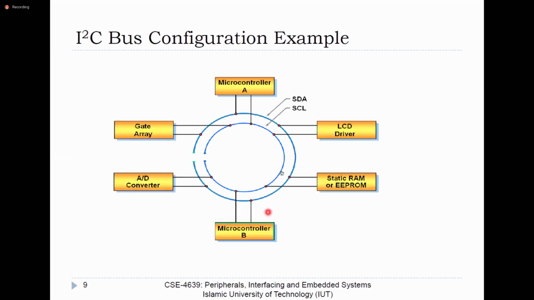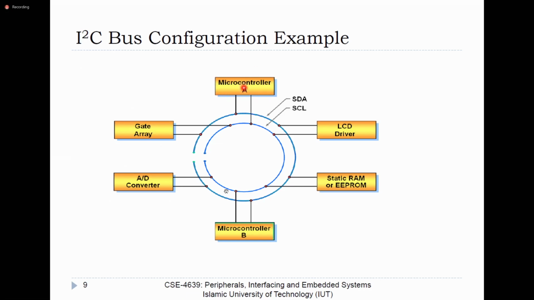So this is a typical structure of the inter-IC bus, where you can see we have a serial data connection and a serial clock connection. Who provides the clock pulse through the serial clock connection? The microcontroller here is acting as a master. It can provide the clock pulse.